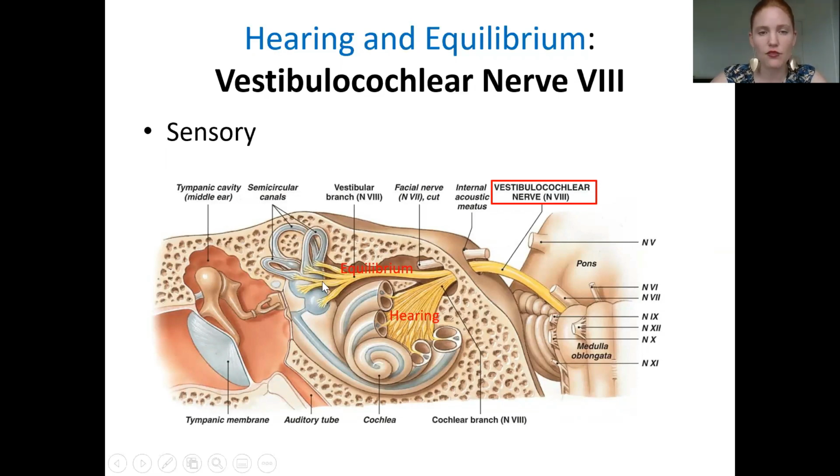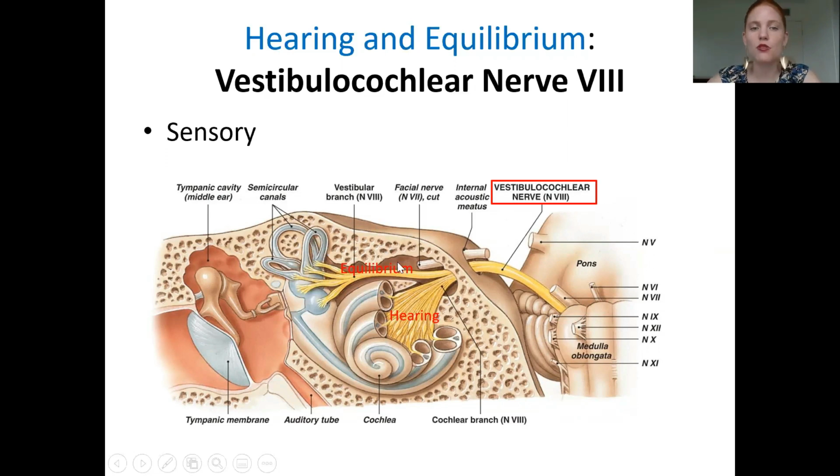Okay, so you have two pieces of sensory information coming. One from the cochlea that carries hearing information, and then one from the vestibule that's going to carry equilibrium or balance information. Those two pieces are going to combine together to create the vestibular cochlear nerve. So vestibulo as in vestibule, and then cochlear as in cochlea.